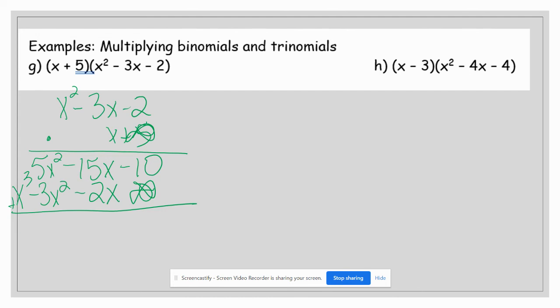Add our like terms here. We have x to the third, 5x squared plus negative 3x squared is positive 2x squared. Negative 15x plus negative 2x is negative 17x. And we bring down that negative 10. Third power, second power, first power, constant.